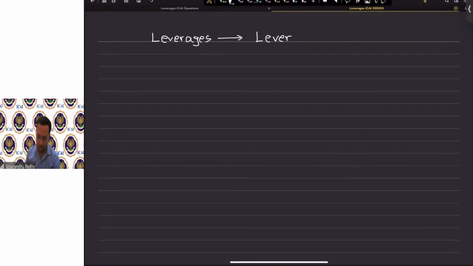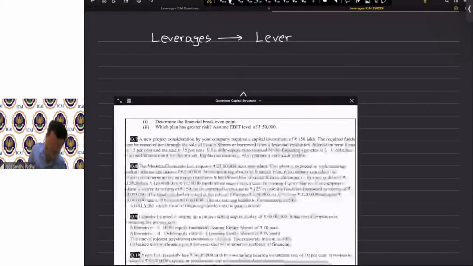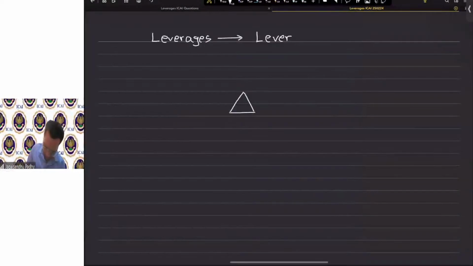So in this lever, let me take certain examples. One type of lever would be the seesaw, right?